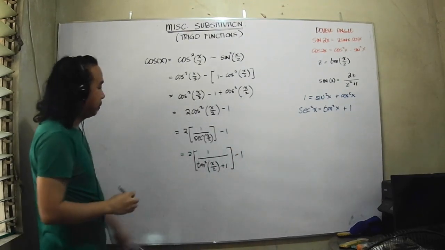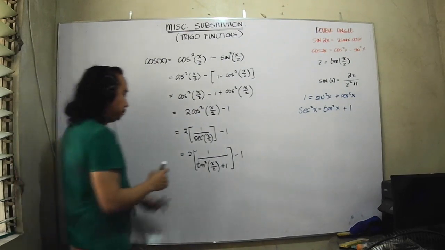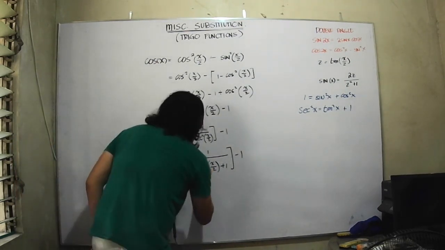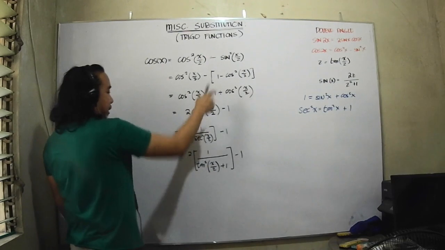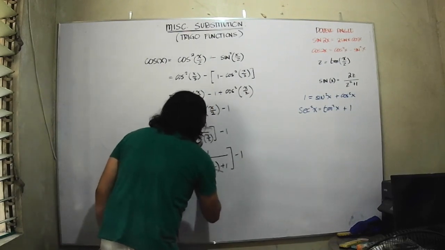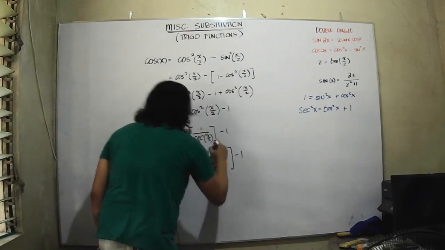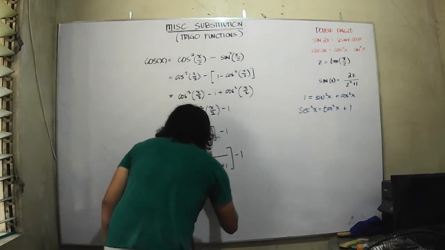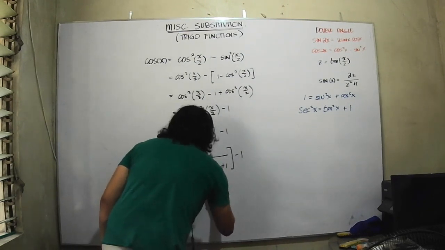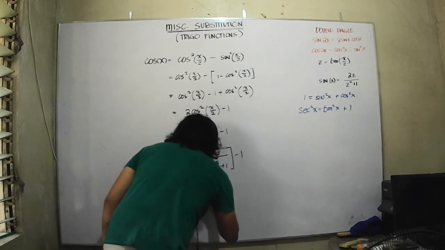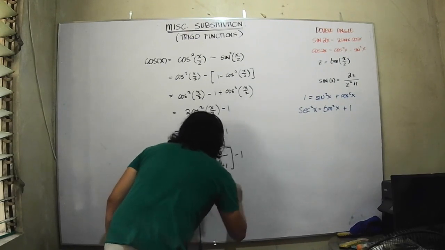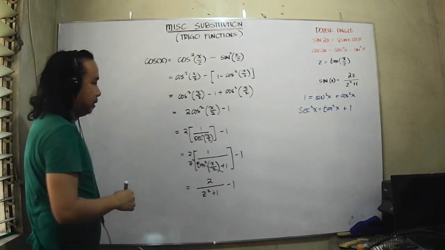So we have something like this. Now this is actually equal to z. In terms of z, this is z squared. Okay, so I reabsorb this into the fraction, and it becomes z squared plus 1 minus 1.